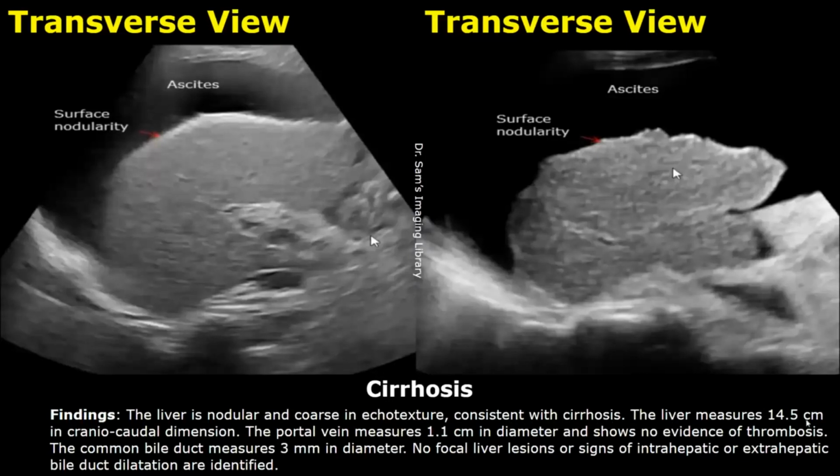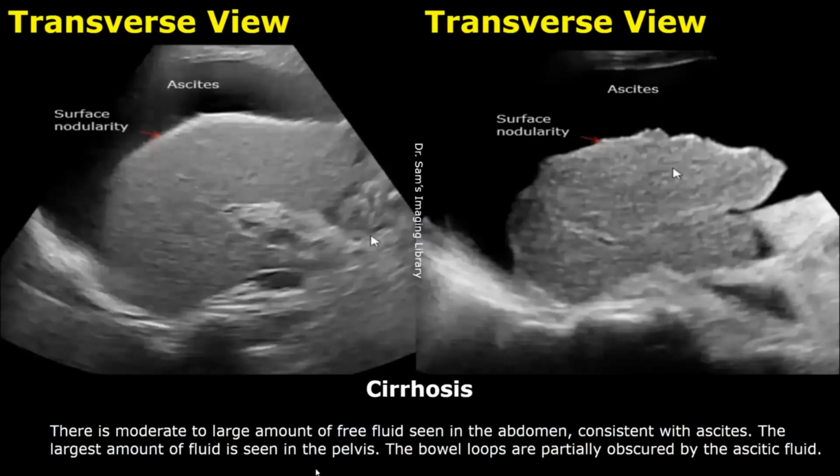You can mention the liver size and also mention the size and appearance of portal vein. Then you can mention ascites. Write the amount of fluid seen. Usually ascites is present with liver cirrhosis.